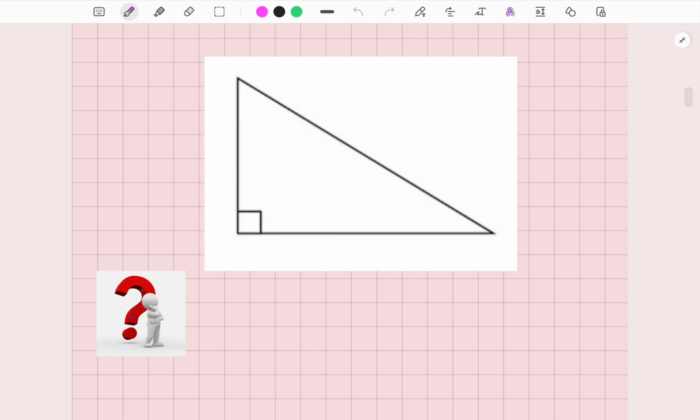Okay, so if we had to start, what do we know about a triangle? What have we learned about, not just any triangle, a right angle triangle up to now in grade 8 and grade 9? If you have a right angle triangle, the side opposite the 90 degrees is called the hypotenuse.